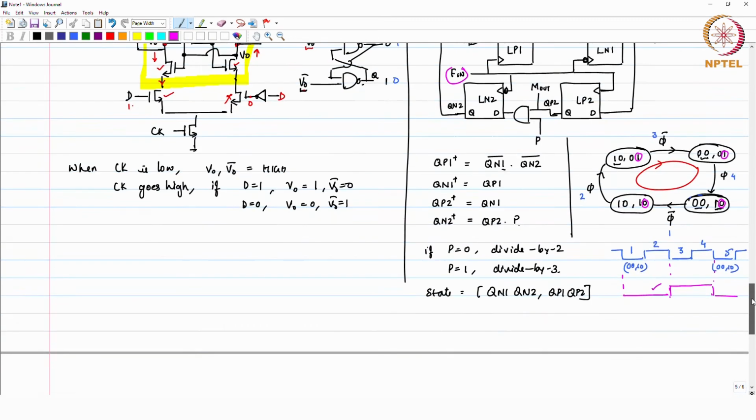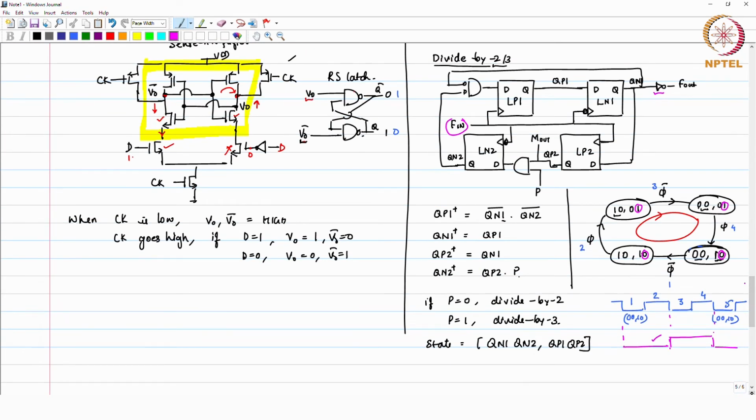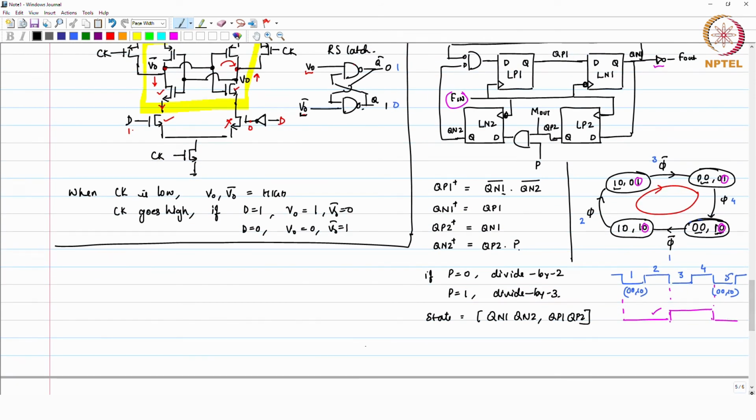Now, what happens in divide by 3? It is better that I do it here itself, because the state diagram is here. Okay. So, I am going to start with the same state, 0 0 and 1 0. You get a falling edge on the clock.